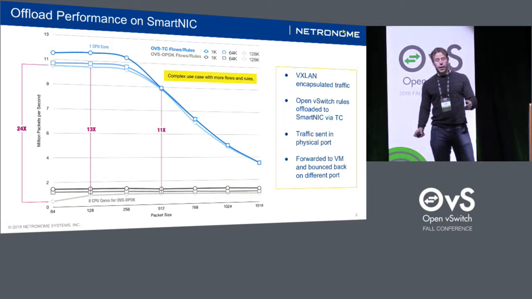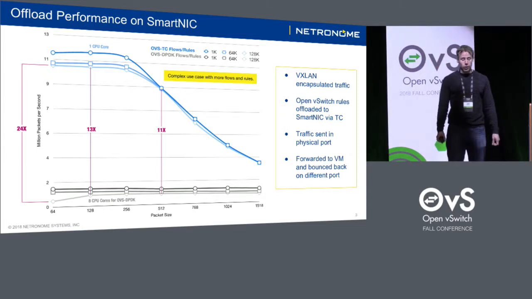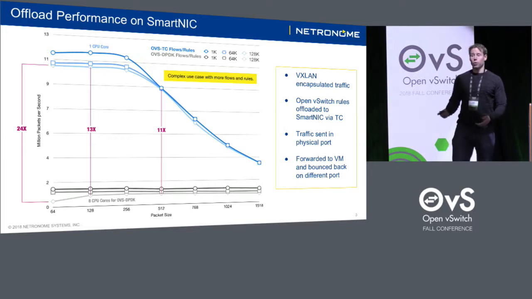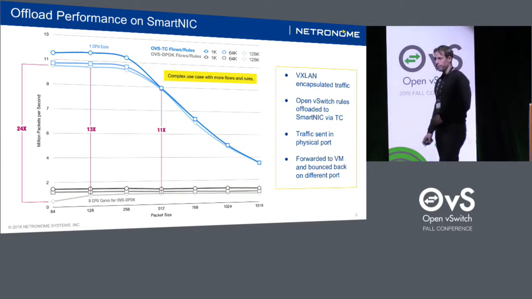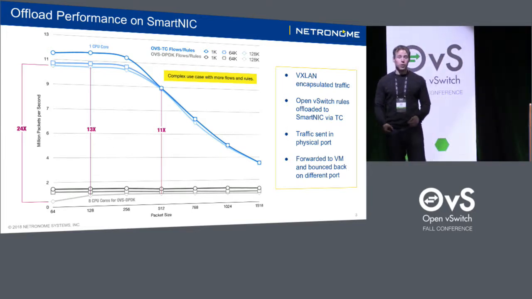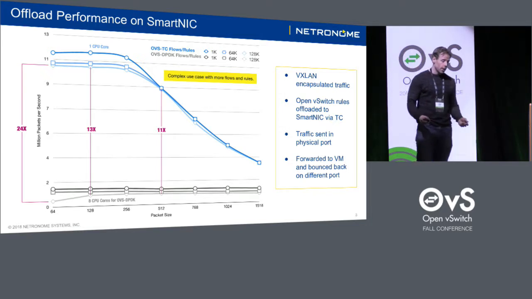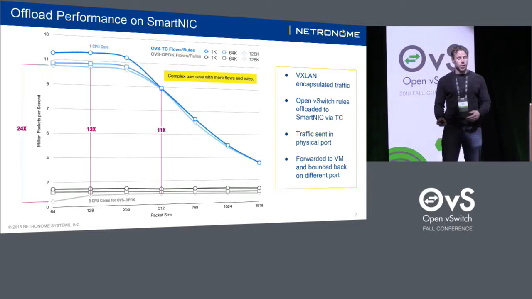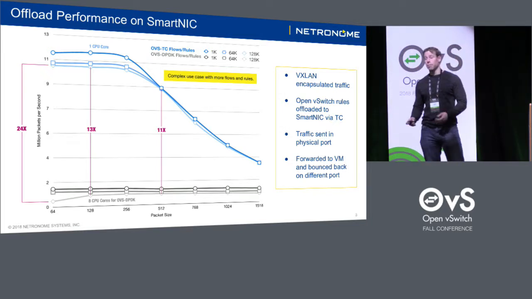The simple takeaway is that our Netronome graph is in the blue lines, and we are significantly improving the performance figures. Our main goal is the performance increase we see, but also, because we are doing most of the network data processing on the card, we are freeing up the CPU cores.